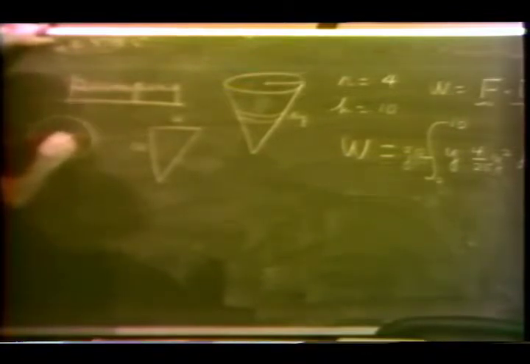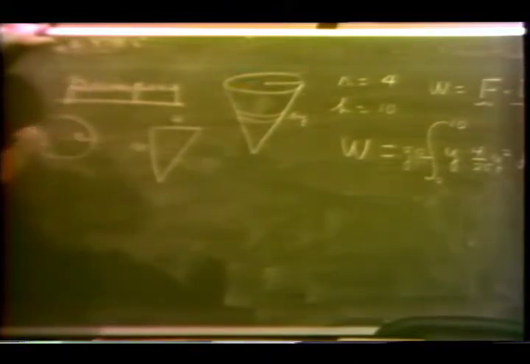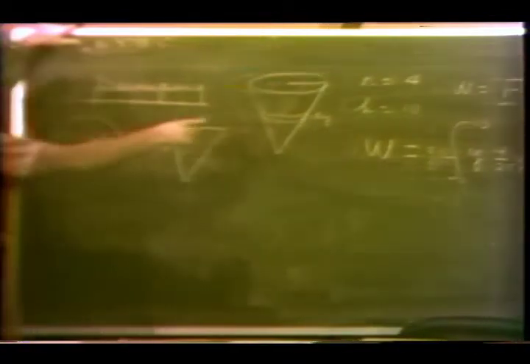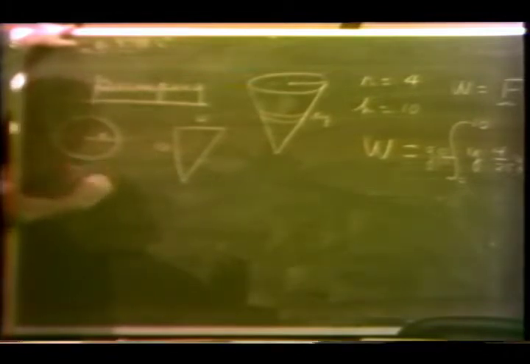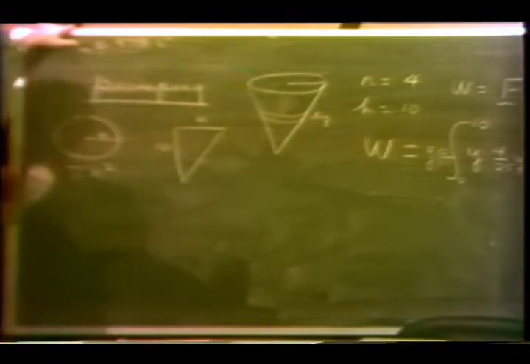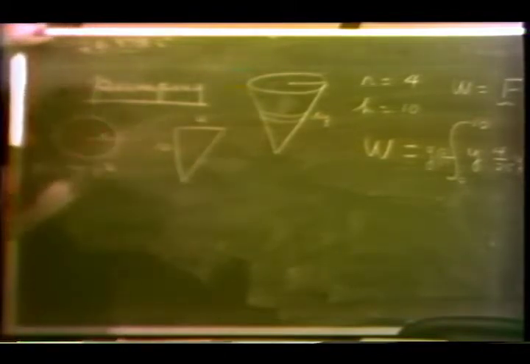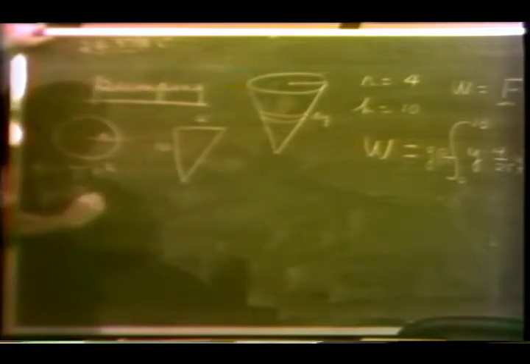The radius would be x, and the volume would be the area of this times the thickness. So the area is pi x squared, and the volume of that slice is pi x squared dy.